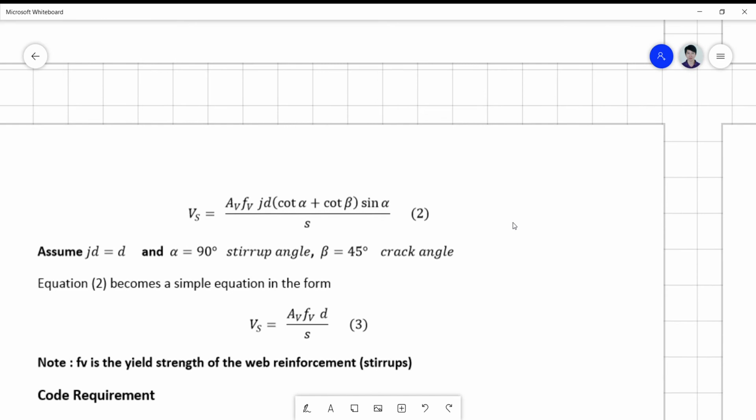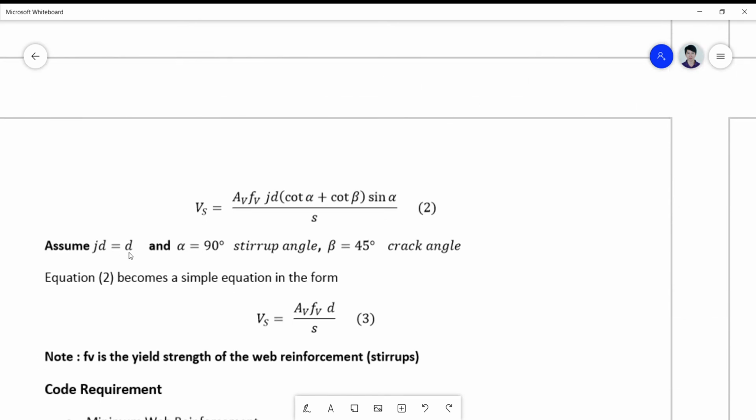Okay, or if we assume JD to be equal to the depth D and alpha is vertical, so the stirrup angle here of 90 degrees means that your stirrup is vertical, and your crack angle, as we have assumed in our first discussion in the introduction, is 45 degrees.